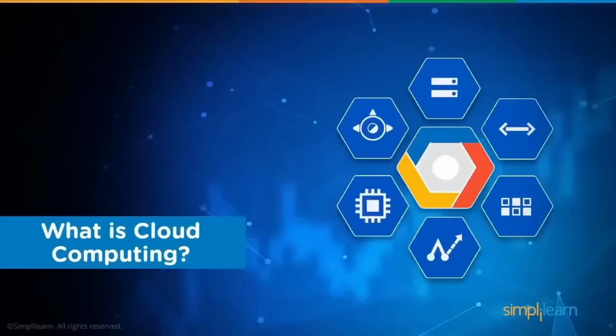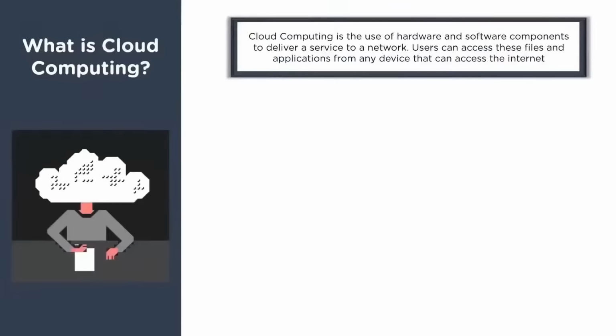So when we talk about Google Cloud Platform, we also need to know what is cloud computing. Cloud computing is the use of hardware and software components to deliver a service to a network. Users can access these files, applications and services provided by a cloud provider from any device that has access to internet.